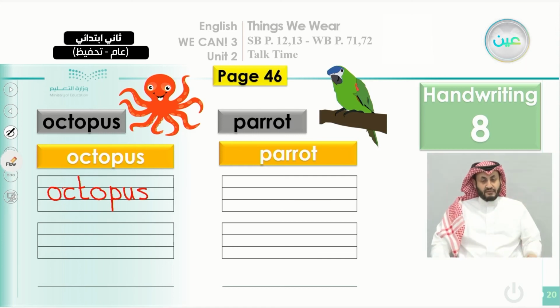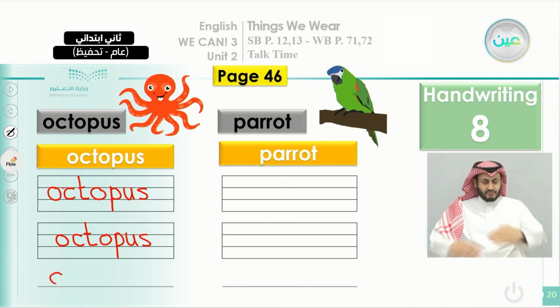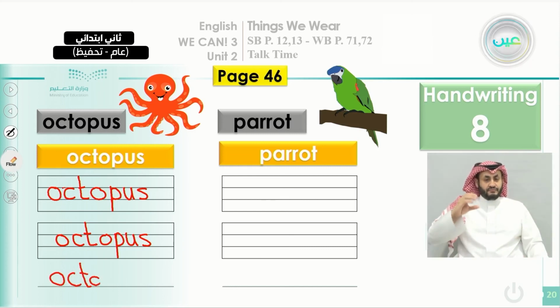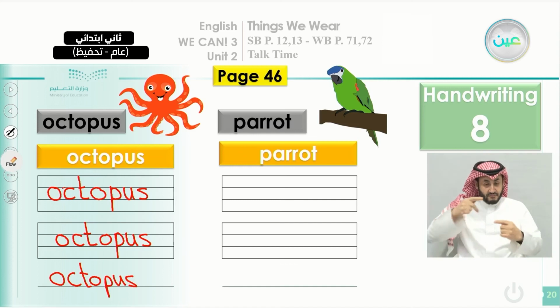Let's write it once again. O should be written like this, as we said before, C, then T, O, P. P is one of the hanging letters that we said before, U and S. If you write it on one line, you do like this: O, C, T, O, P, U, S. We advise you, whenever you train on spelling or handwriting, to pronounce the word.